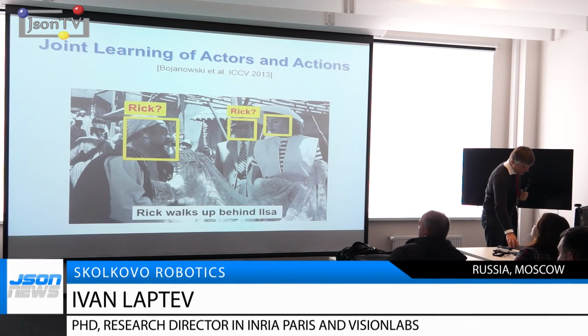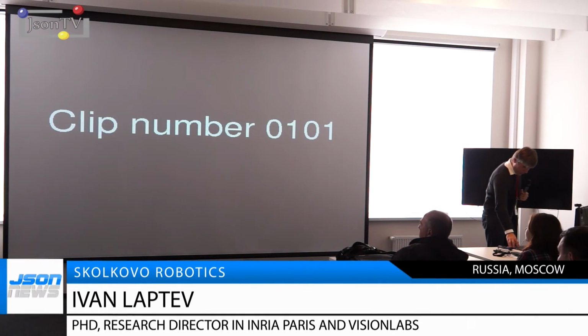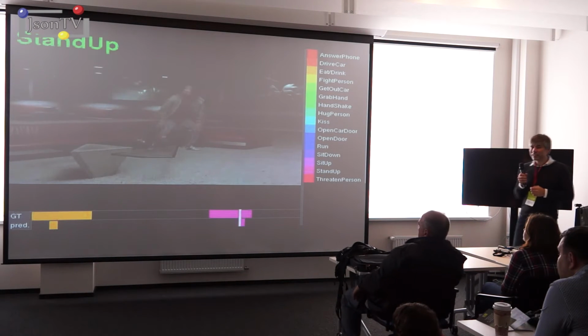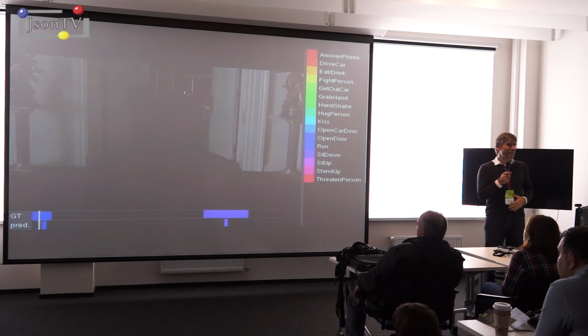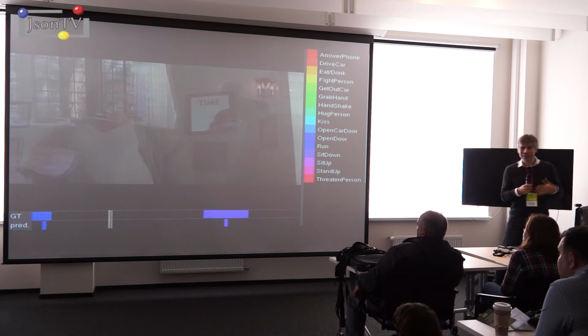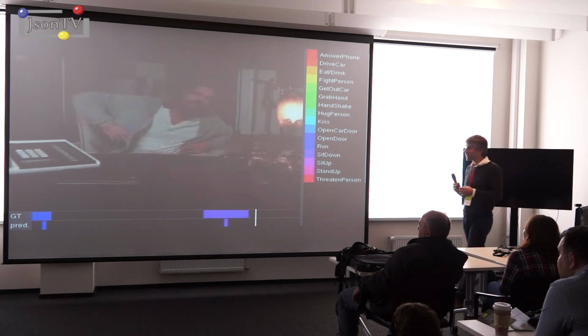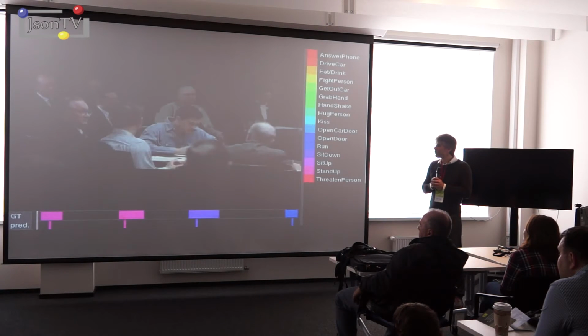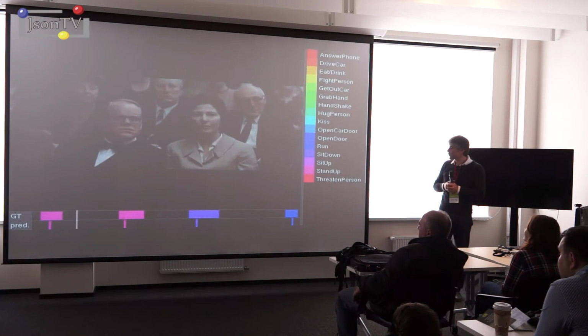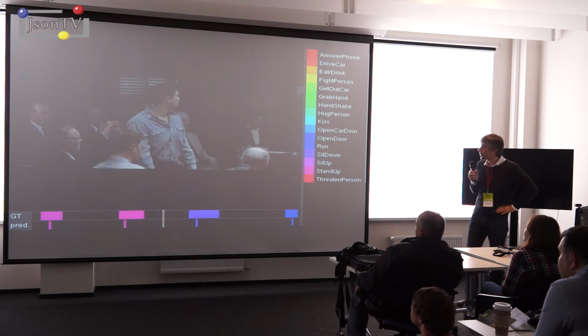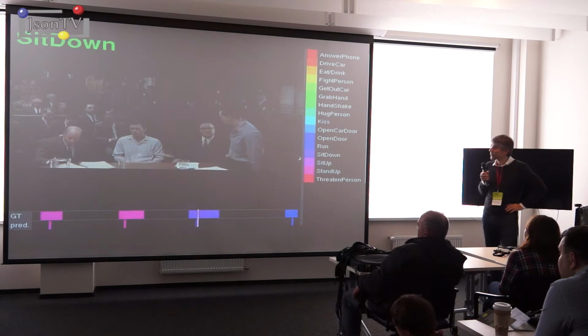Since I don't have time, I'll skip through some things and just show you some results. We're interested in recognizing actions in movies. This is just a playground for us to understand how to develop algorithms and test them. Here is a system which has been trained, also in a weakly supervised manner, to recognize 16 types of actions.